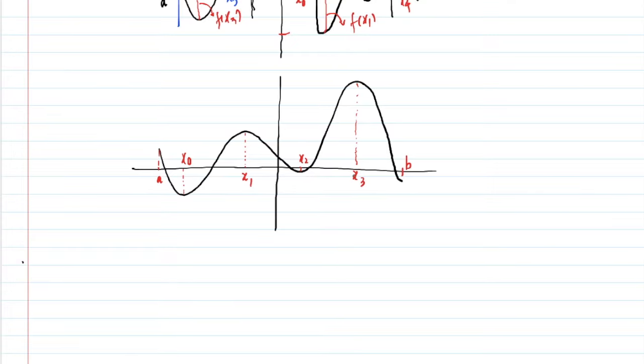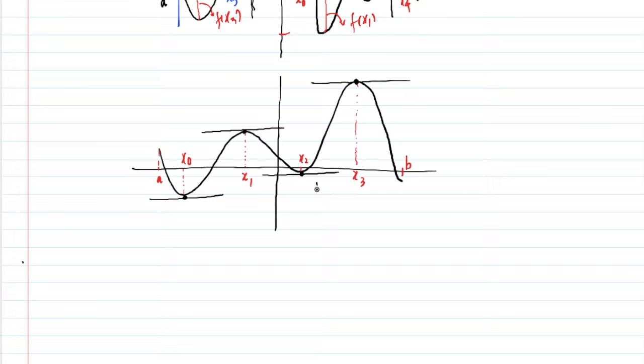Now all these points have one similar property: if we draw a tangent to the curve at these points, like a tangent at x0 like this, and similarly a tangent here at this point, and similarly a tangent at this point, and a tangent at this point, which touches the curve at x3. All these 4 tangents have one similar property, that they are parallel to the x-axis, or we can say their slope is equal to 0.